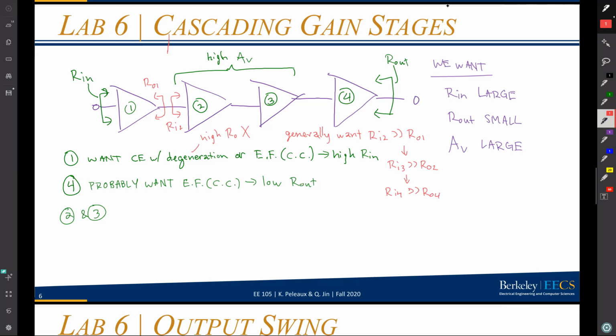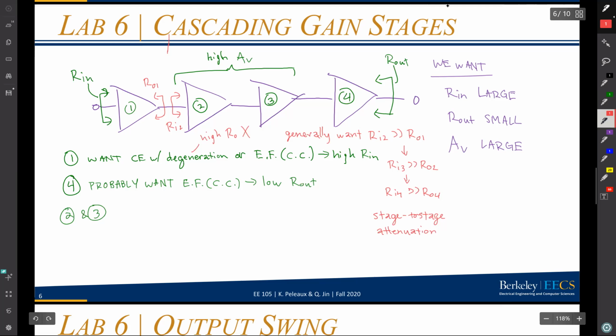That's because every time we go between stages of gain, we will get a voltage divider. And the smaller that input resistance is with respect to the output resistance of the previous stage, the smaller the voltage divider fraction will be. And so I'll just say stage to stage attenuation, which is the opposite of gain, right?